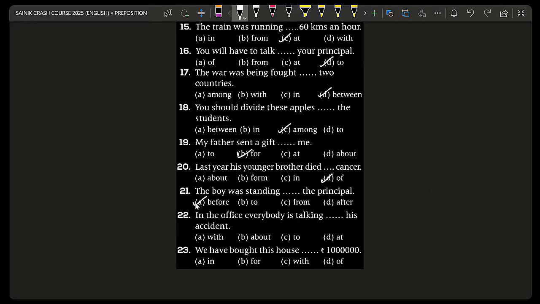"Before" is correct. Suppose in a queue, "after" would be correct, but they are not following any queue, nothing is given there. So the boy was standing before the principal. Sriradhya, you need to revise all the preposition rules once again. Who will answer the next few questions? After 23, I will add more questions first.